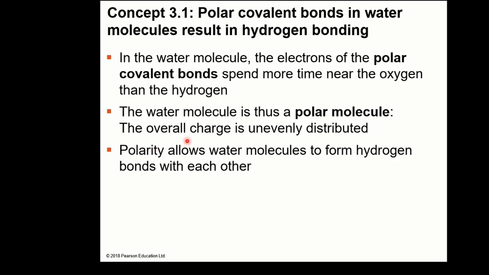We'll explain why, because sometimes they may ask, why do the electrons of the polar covalent bond spend more time, not in, but near the oxygen rather than the hydrogen? And then you might have to explain why that is.